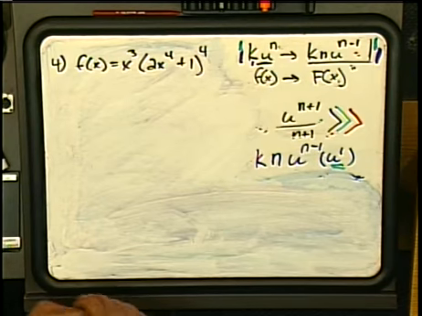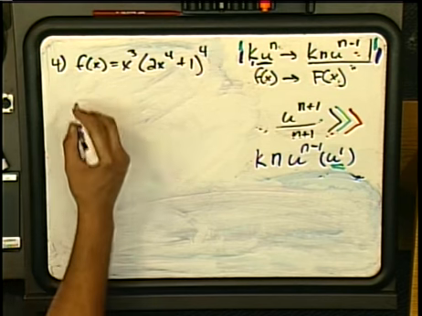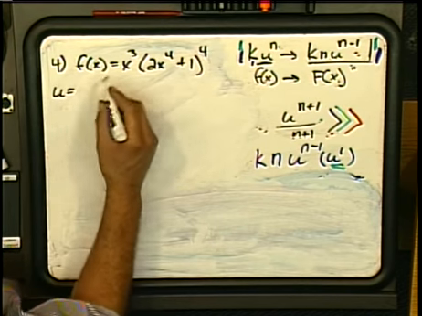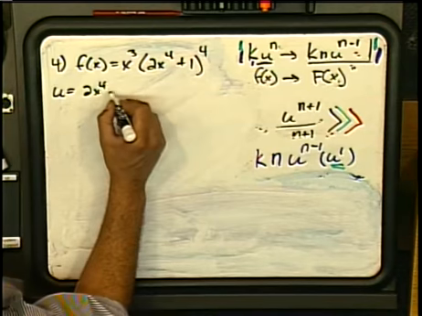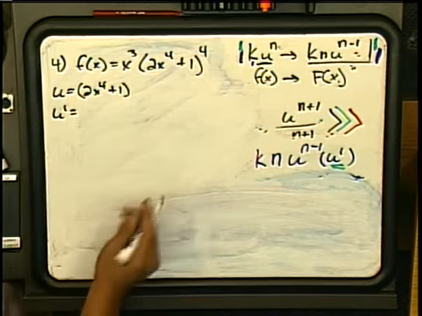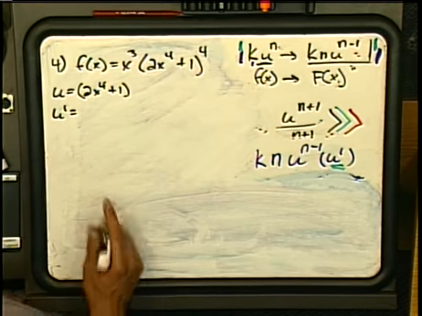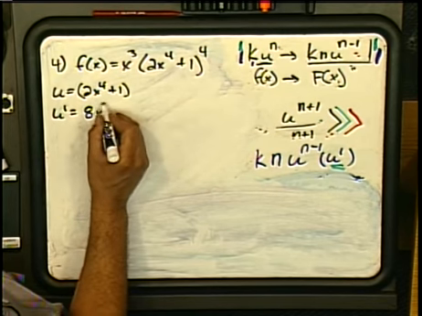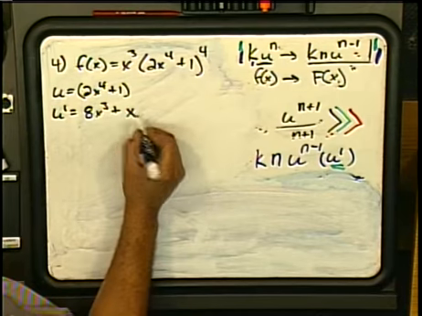Okay, let's start listing what we know. We know U is 2x to the 4th plus 1. U prime equals 8x to the 3rd.